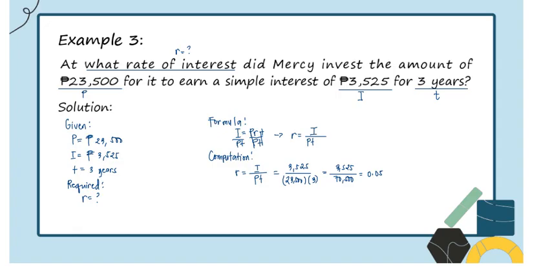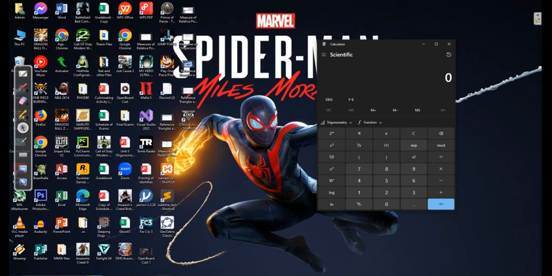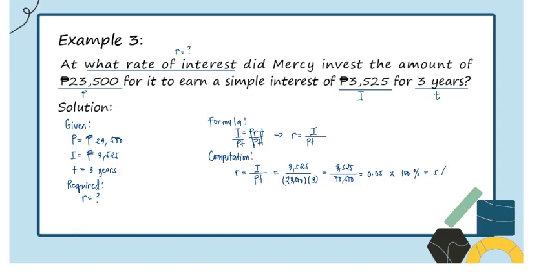So if we have 0.05, we could just multiply this by 100%, and we could get yung percentage form ng rate of interest na to. So if we do that, 0.05 times 100 is going to be 5. So therefore, it's going to be 5%.